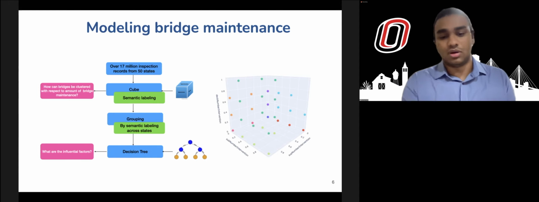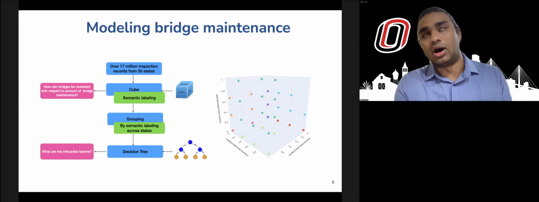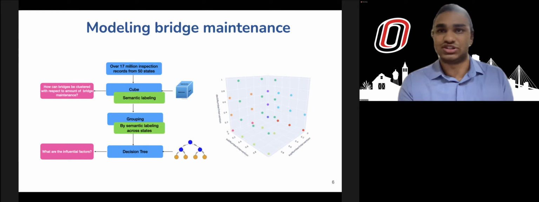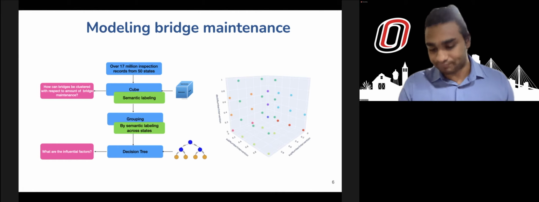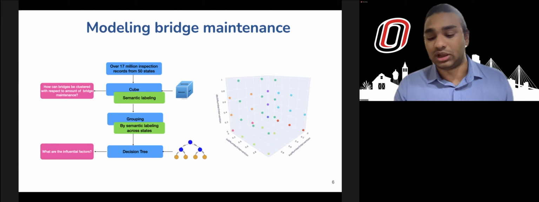What we use for our machine learning algorithm is called a decision tree, which is very intuitive and very easy to explain to everybody why a maintenance was done on a particular bridge, by just looking at the conditions it satisfies according to the variables that we include.